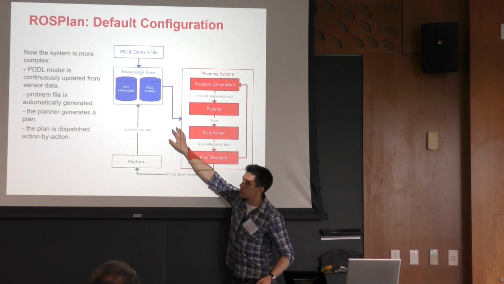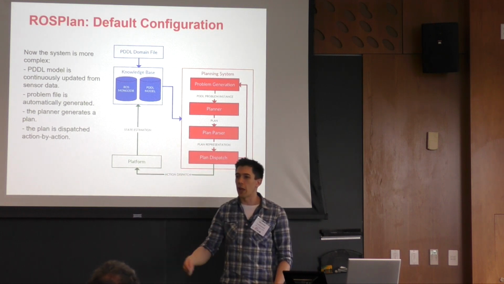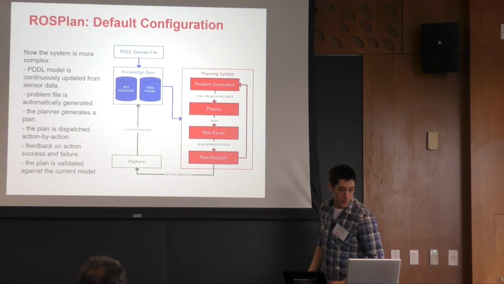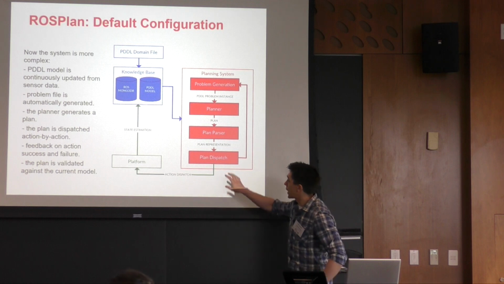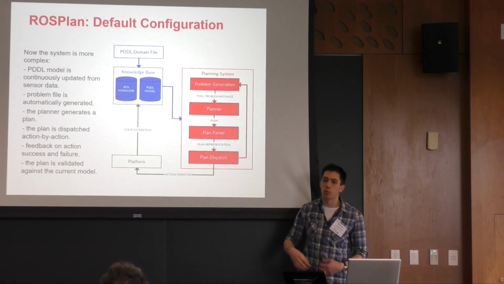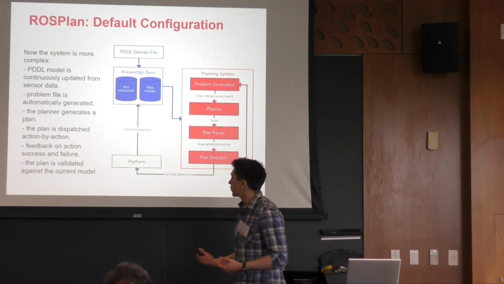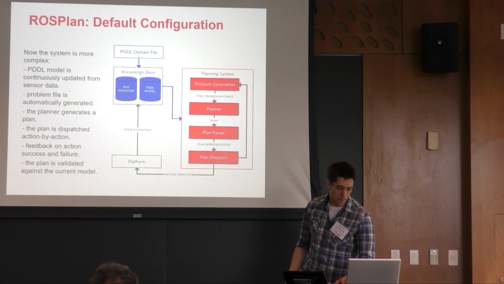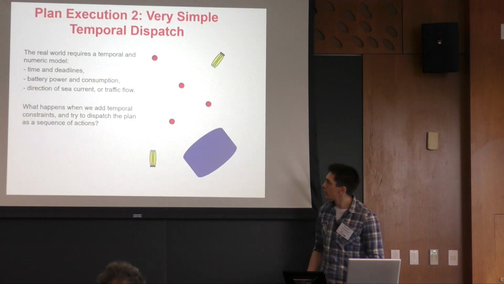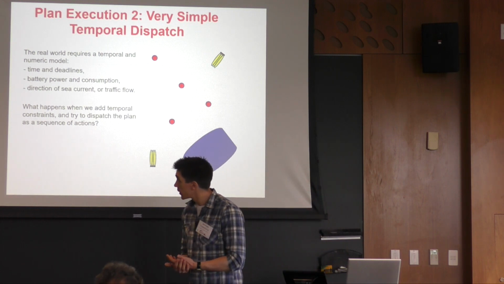All the while, it's validating against the model to make sure that the plan is still valid. And when the plan is invalidated or an action fails, it's able to regenerate the problem instance from what the current model looks like according to the sensors and replan. Right. So that's the summary of very simple sequential dispatch.